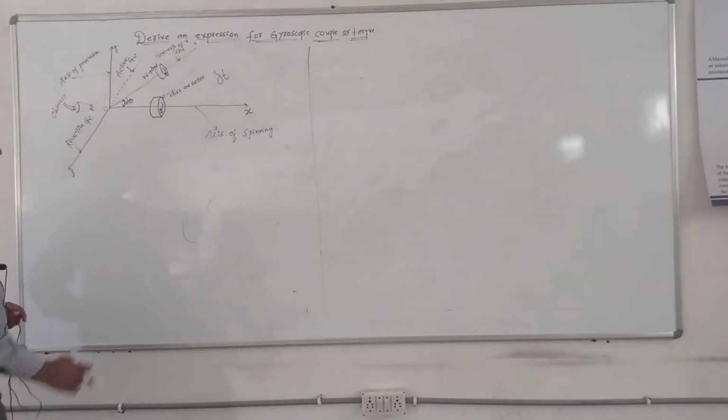This means the change of angle occurs over a given small interval of time, delta t. So omega plus delta omega is the final angular velocity about the new axis of spin. So we have to start the derivation.